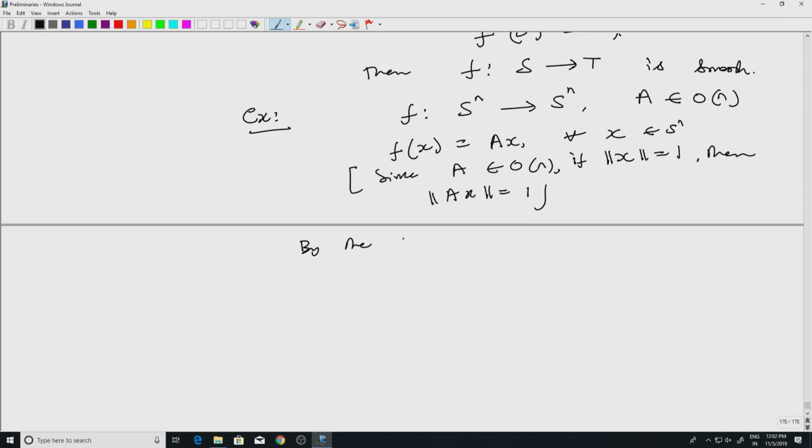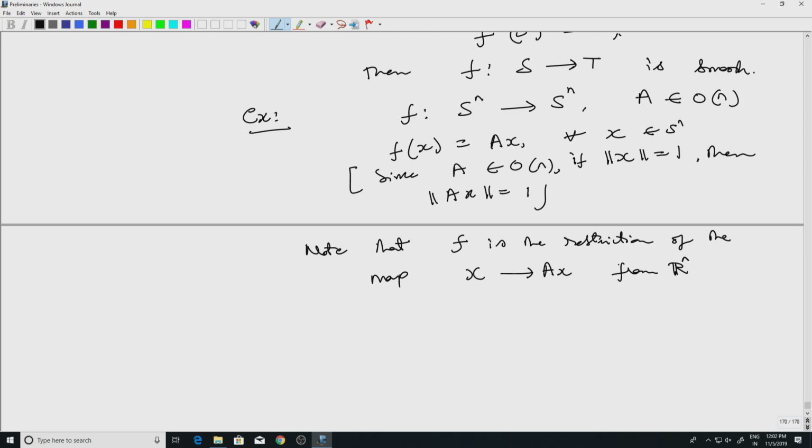Before applying the corollary, let's note that f is the restriction of the map x going to Ax from Rn+1 to Rn+1.